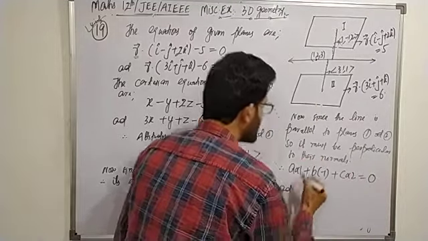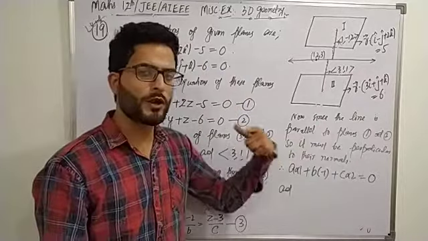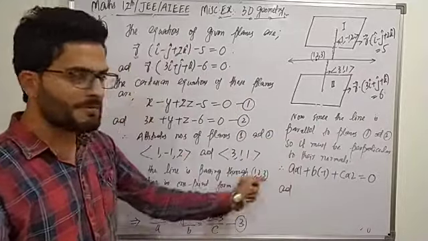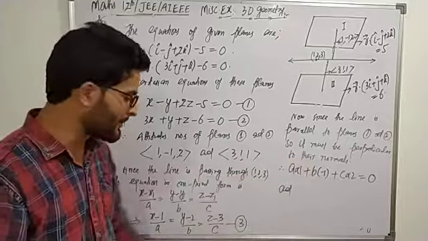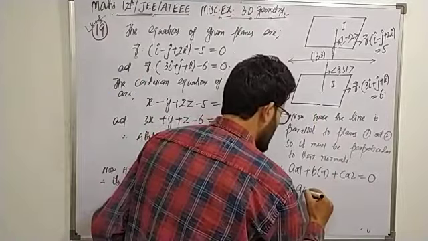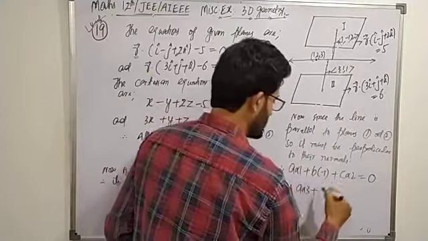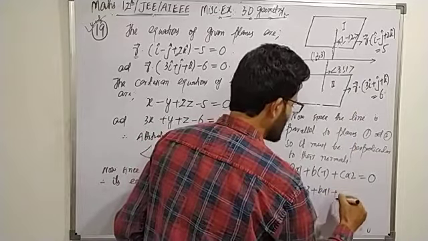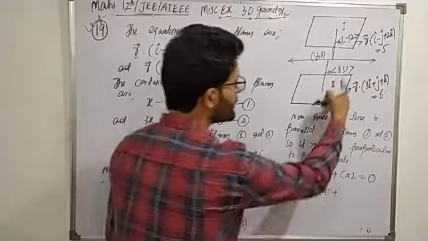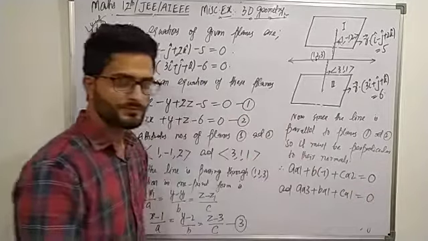And this line is again parallel to plane second, so it must be perpendicular to its normal. So again the sum of products of direction ratios will be equal to 0, meaning a into 3, plus b into 1, plus c into 1, must be equal to 0.